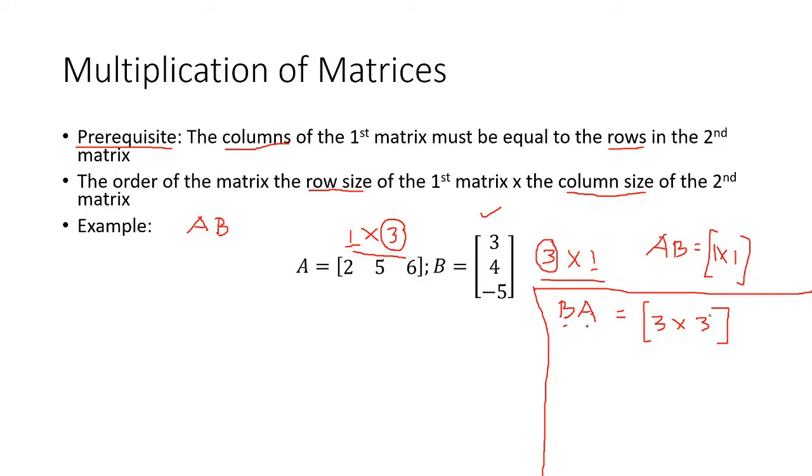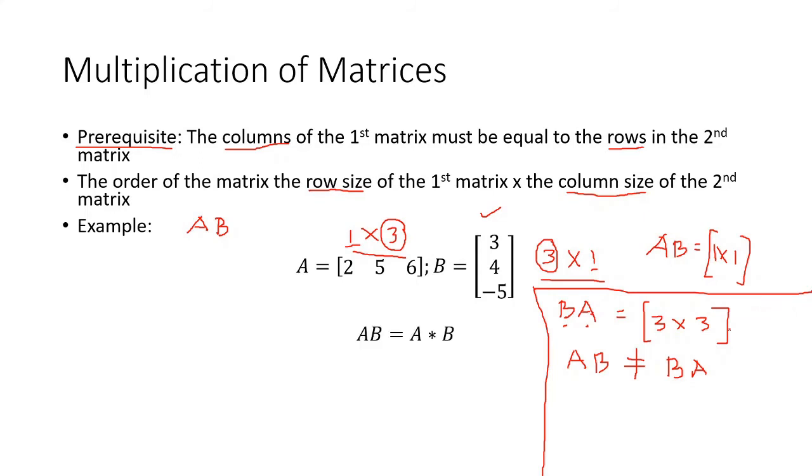So 3. So 3 by 3 yang value. So therefore by this we can say that AB is not equal with BA. So dili siya pwede mabalik-balik. So AB is a 1 by 1 matrix and then BA is a 3 by 3 matrix. So diya pa lang. Diya siya equal.